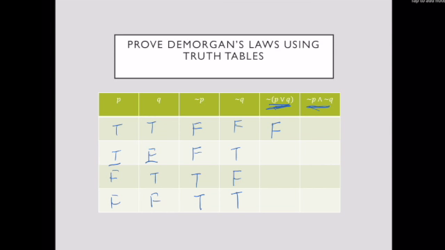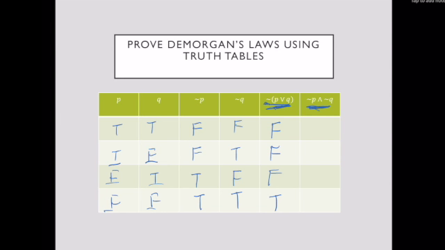So I've got P or Q, that'd be true, but I have the negation, so that would be false. Again, I have P or Q, that would have been true, but I have a negation of that, so I get false. And then I have false or false, which would give me a false, but I'm looking for the negation of that, which is true.